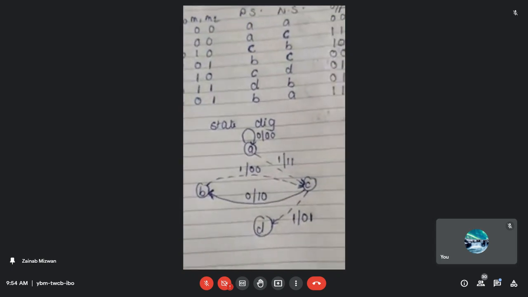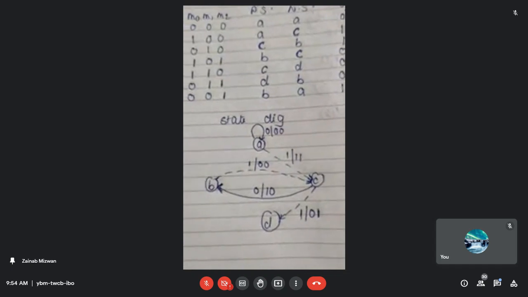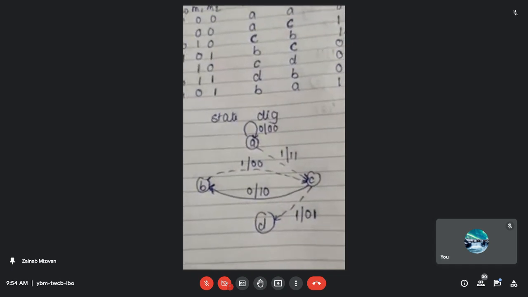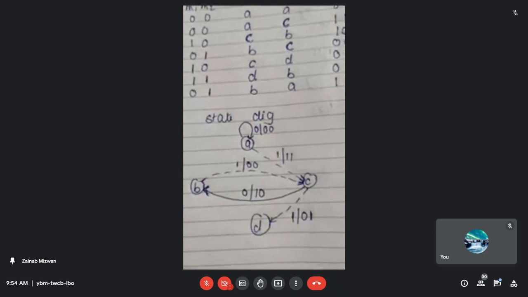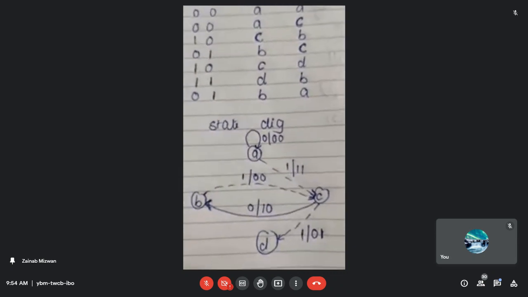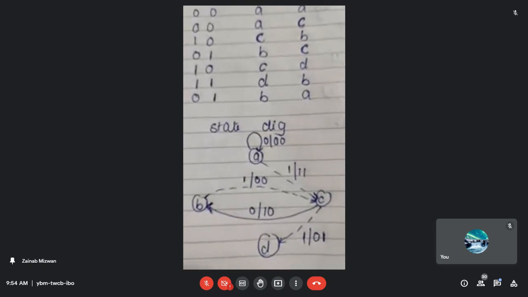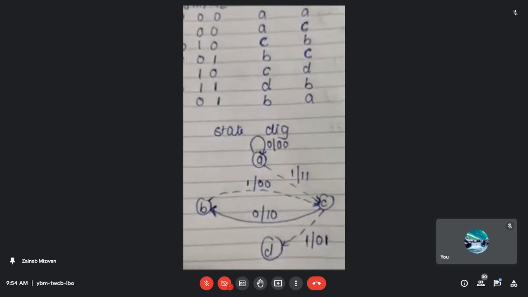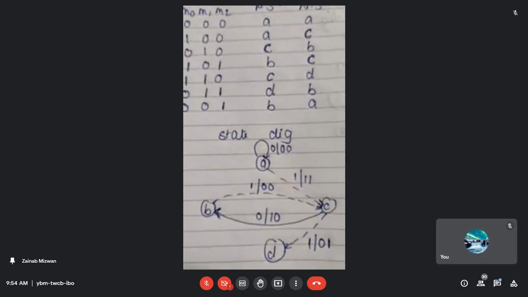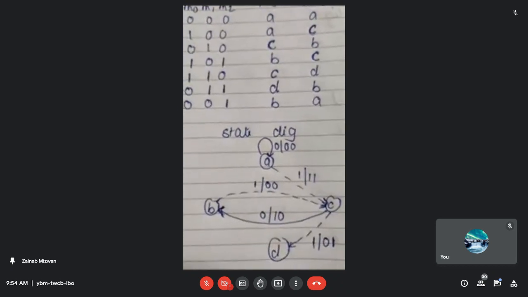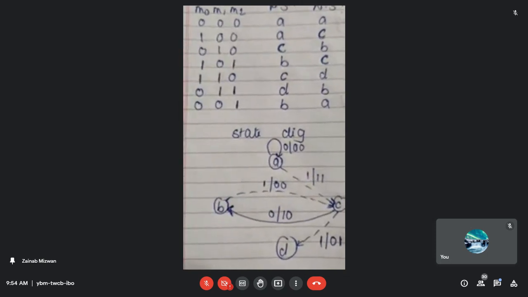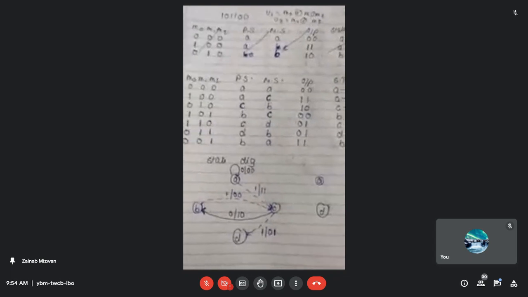In the exam they always ask you to draw the encoder diagram, along with the state diagram or code tree and the trellis diagram. Always two of these things are asked in the question paper. So we have the state diagram.